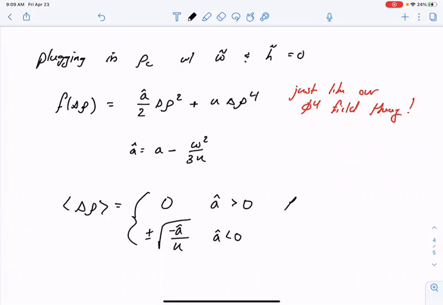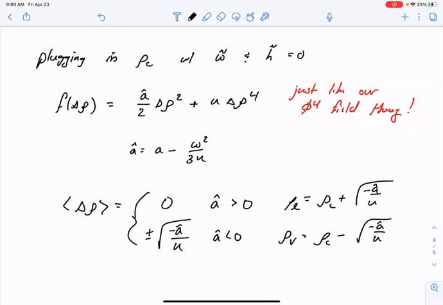meaning that rho liquid is rho C plus, that's the dense state, the square root of minus A hat over U. Rho vapor is rho C minus that. So there's our coexistence densities.